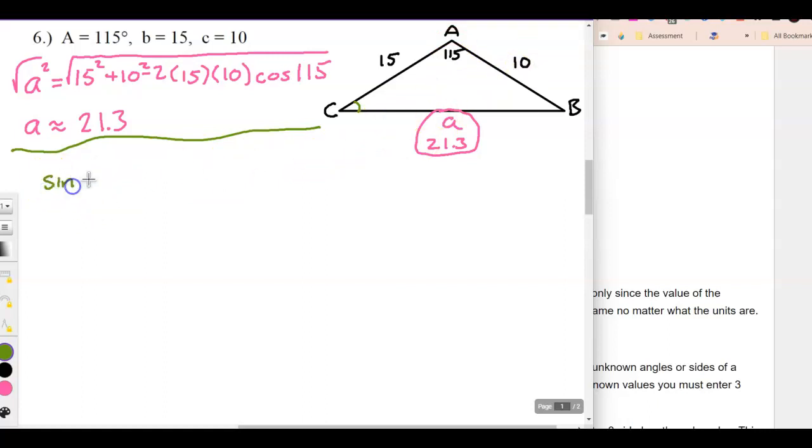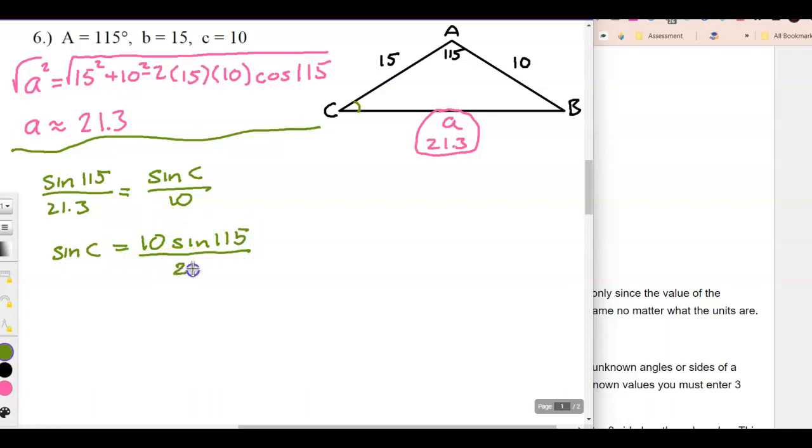So we have sine of 115 over 21.3 equals sine of C over 10. So sine of C equals 10 times the sine of 115 all over 21.3, which means the measure of angle C will equal the arc sine of that whole fraction.